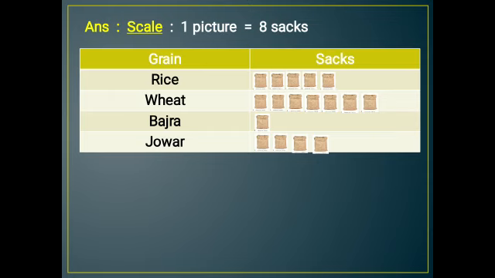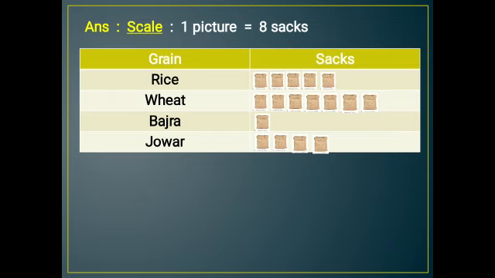Next, wheat, how many? 56. Here 56 goes in the 8 table, that is 8 sevens are 56. So we have drawn 7 sacks, 7 pictures of sack. Next, bajra, how many sacks? 8.